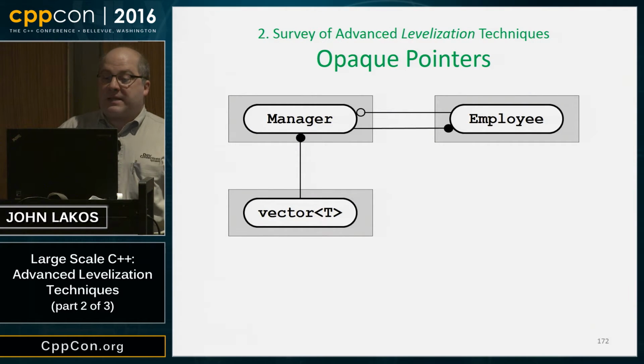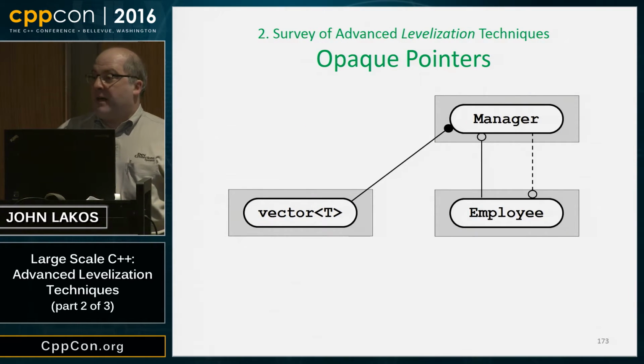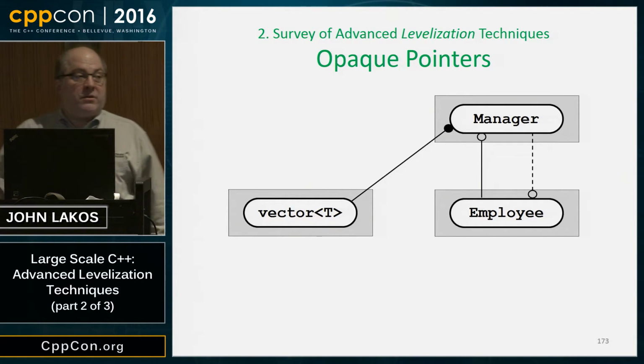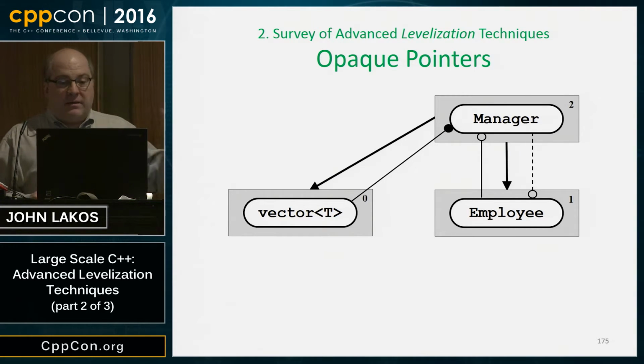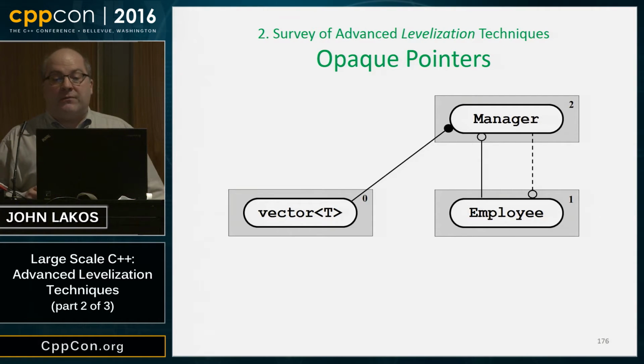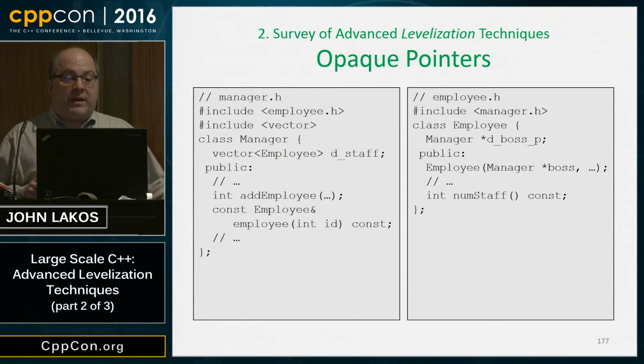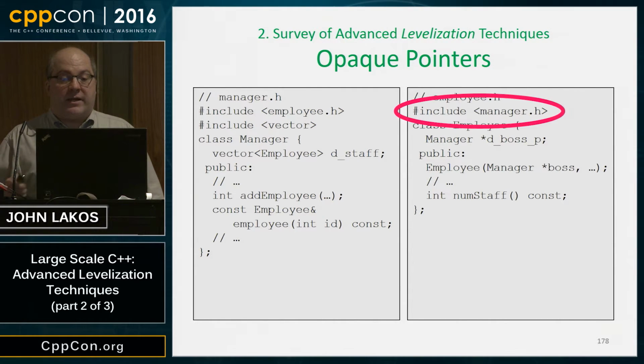The way we're going to fix that is we're going to use an opaque pointer, which is uses in name only. So the employee is going to use manager in name only. And the way we're going to do that is we're going to take away the pound include from the employee. Here we have the employee pound including manager.h, and we're going to turn that into class manager.